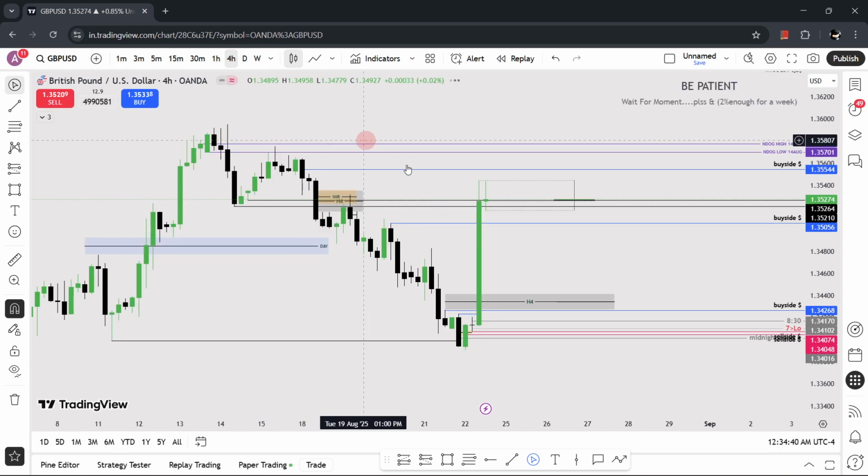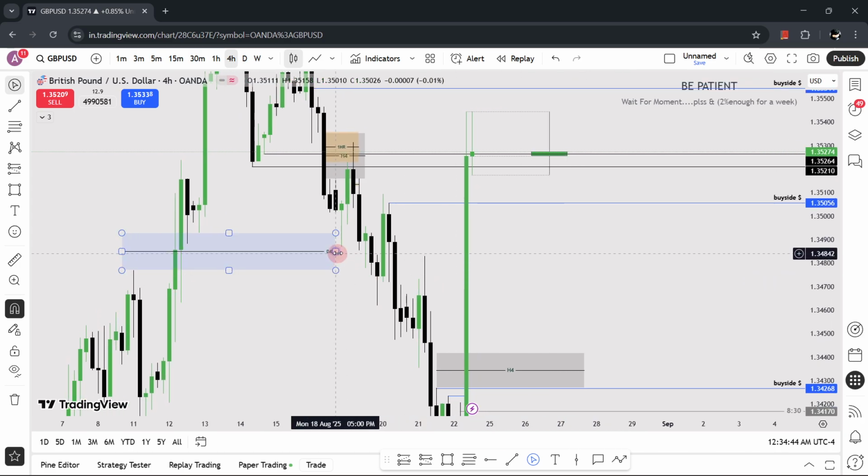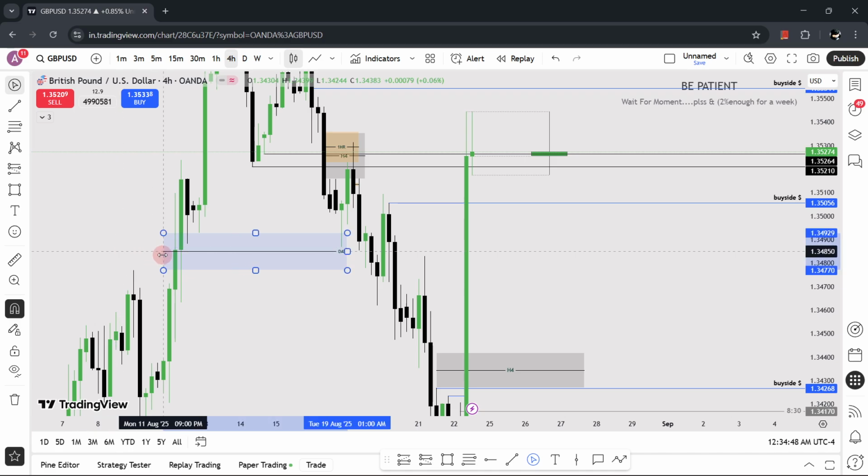And a 4 hour chart came to this daily parallel gap. You can make this a sell side liquidity, this one also. I'll just mark it up for you.